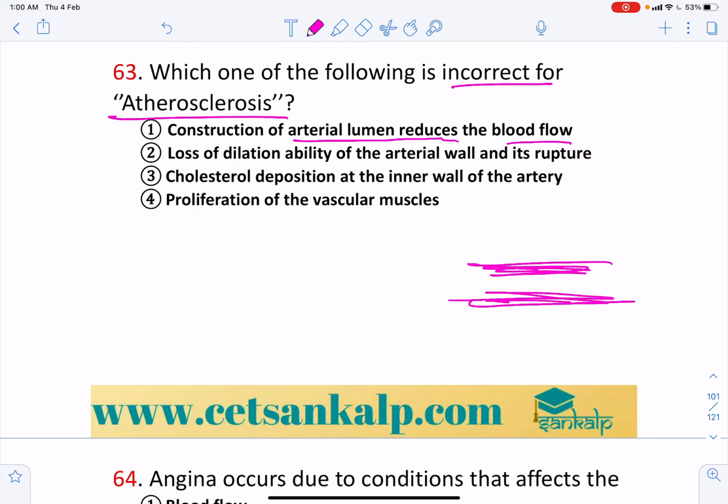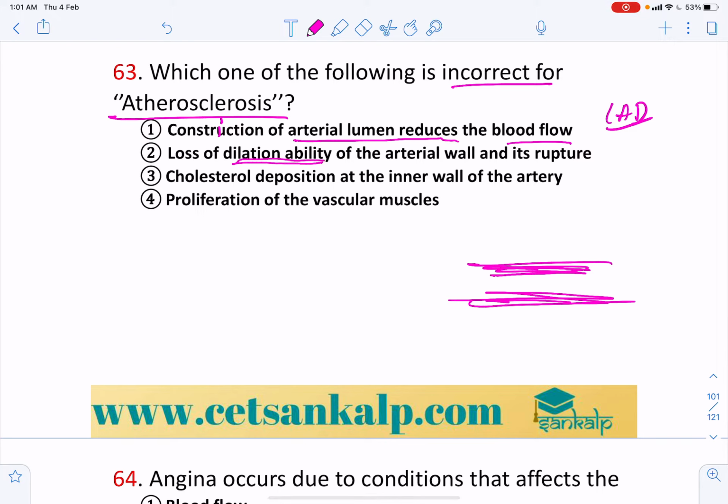The lumen will generally be narrower in the case of arteries. In atherosclerosis, it is mainly the coronary artery. What happens? Let us take next, loss of dilation.